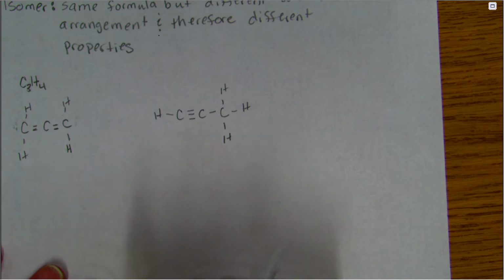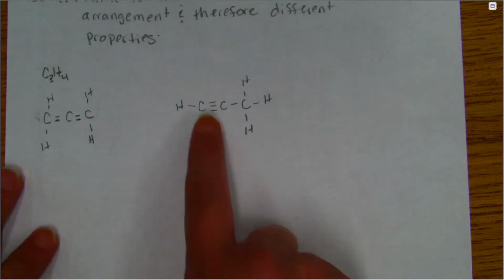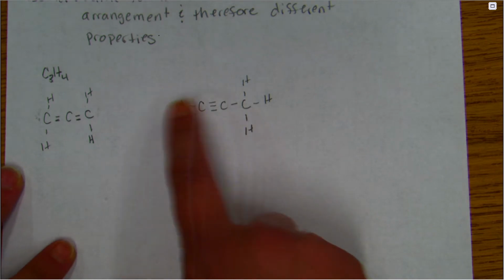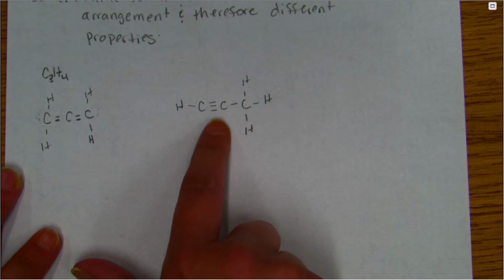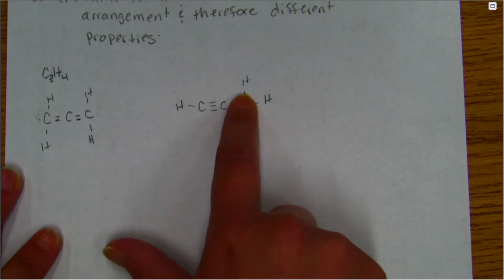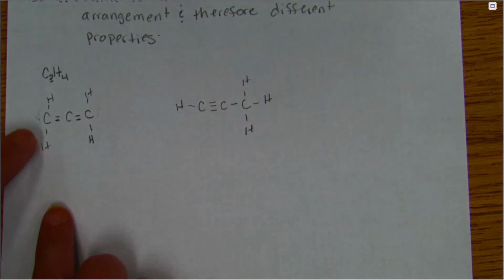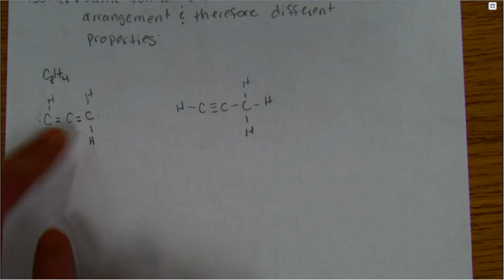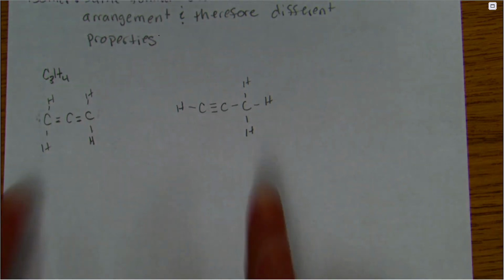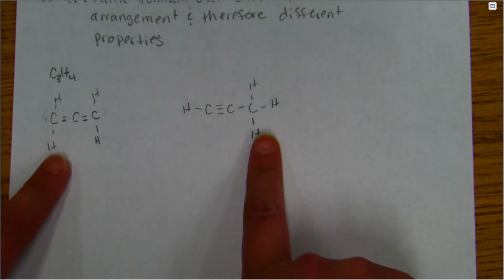This is an isomer. It still has 3 carbons, 4 hydrogens, with a total of 2, 4, 6, 8, 10, 12, 14, 16 electrons. And over here, 2, 4, 6, 8, 10, 12, 14, 16 electrons. So everything is the same except the way they are arranged.